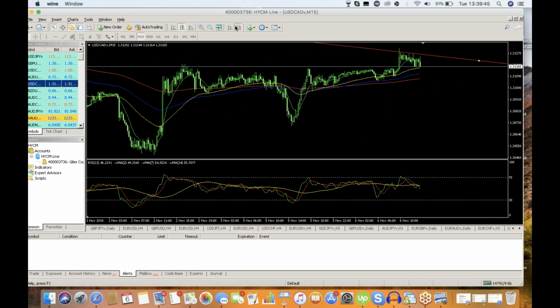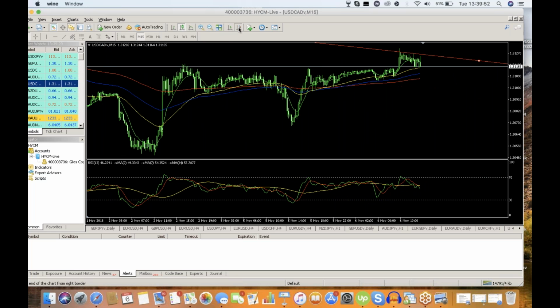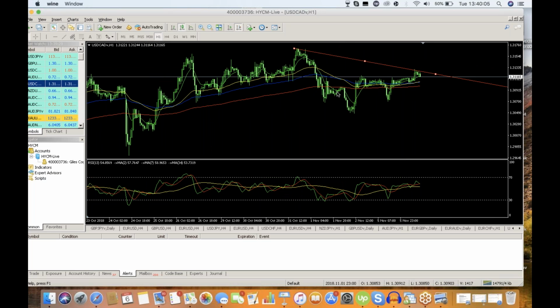Okay, so now we go down to the 15-minute chart, and we start to see an interesting place. We're seeing this line from the highs up there, and we're seeing price approaching this 50 exponential moving average. And in the hourly chart we have a trend line across, and we see resistance there.